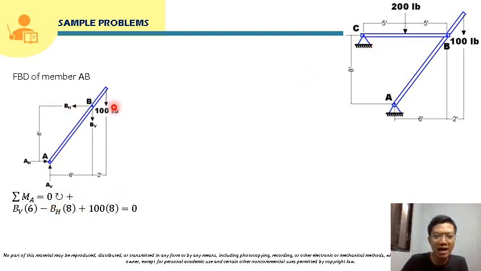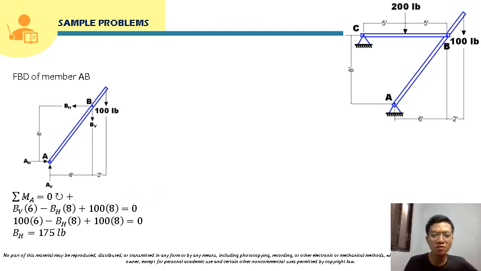Okay, plus 100, and its moment arm will also be 6 plus 2, so that will be 8. So that will be equal to 0. So we already have BV, that is 100. So we just substitute that. And solving for BH, that will just be 100 times 8 plus 100 times 6 divided by 8. So that will be 175 pounds. So we can already box this.